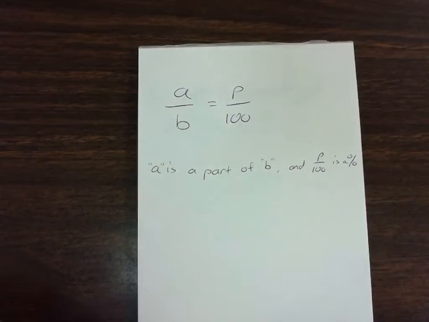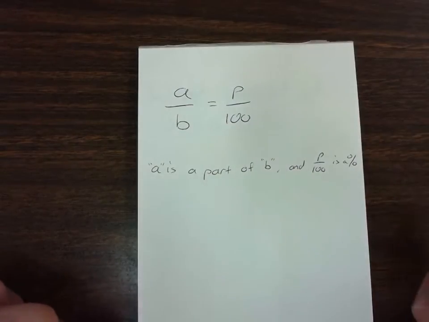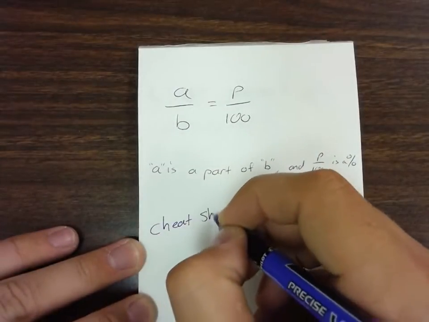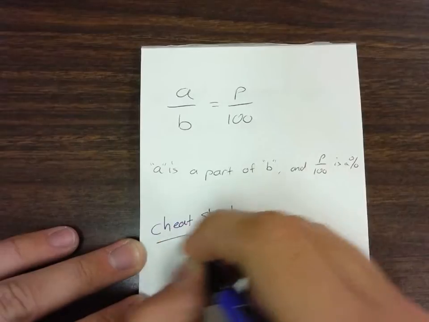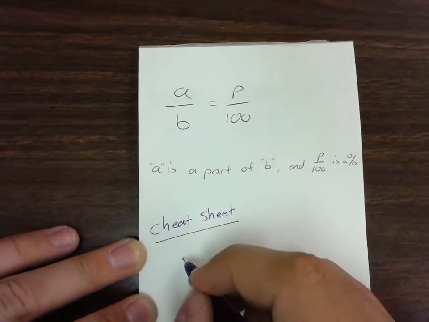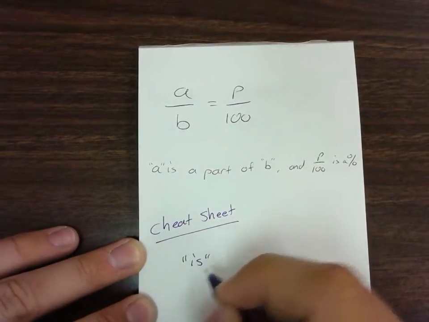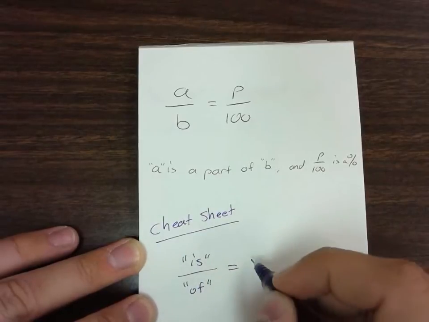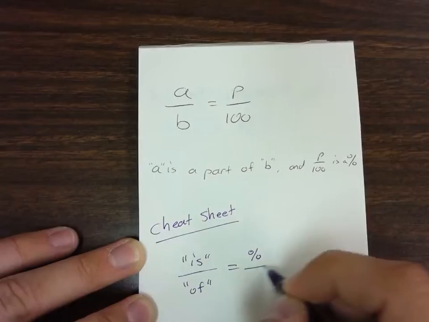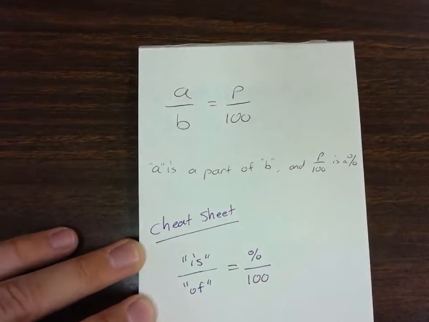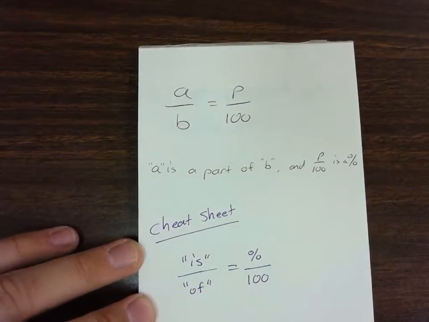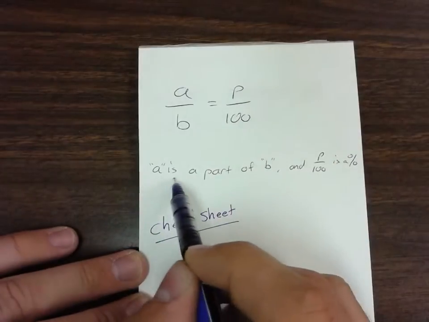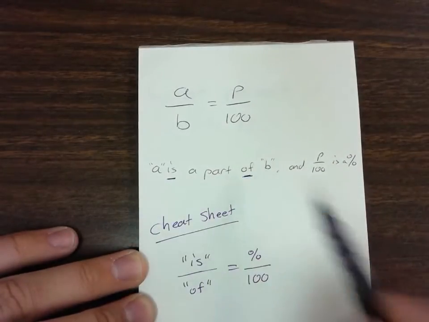Okay, another way we can write this, and you're going to want this in your notes too, a little bit of a cheat sheet for you. Looks like this. When you see questions that revolve around percentages, you're going to see this language a lot: something is and something of.